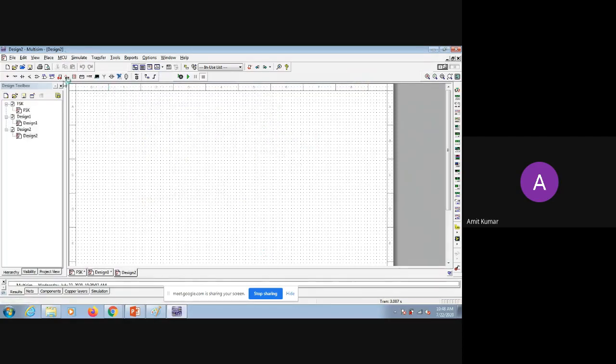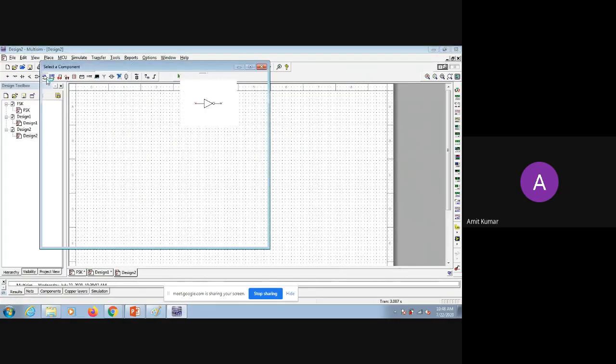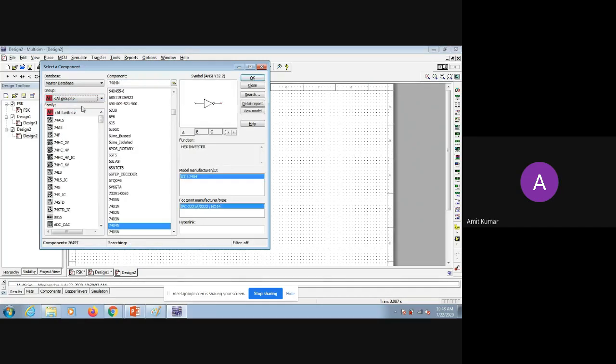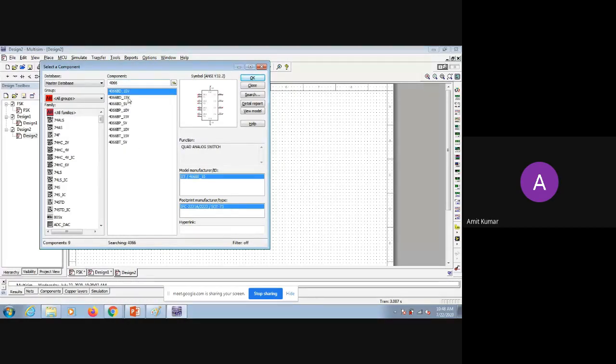I will show you how it is working. First you select the 40668 BD15. It can be 15, it can be 10, so we have 10 or 5.